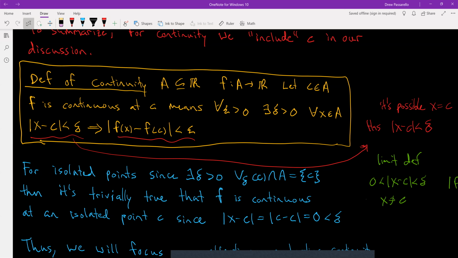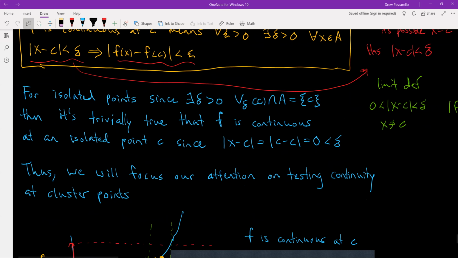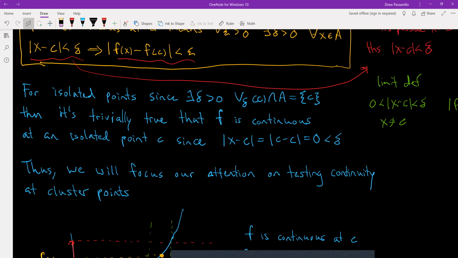Note that for isolated points, since there exists a delta greater than 0 where the intersection of the delta neighborhood around c and A is the singleton set c, then it's trivially true that f is continuous at an isolated point c, since the difference x minus c is really just c minus c, which is 0, and that's definitely less than delta.